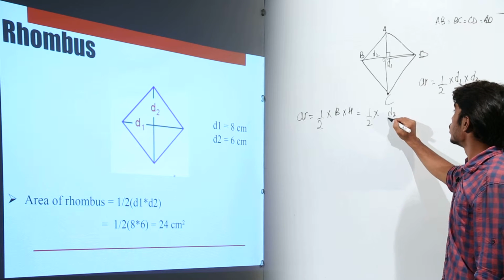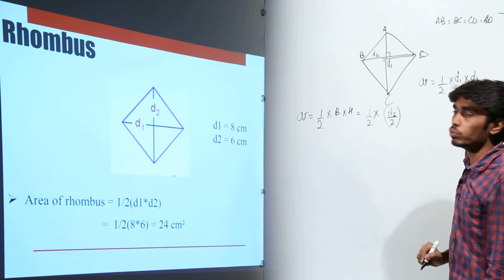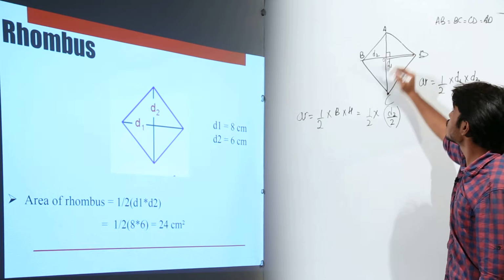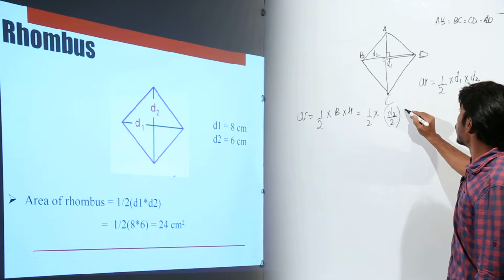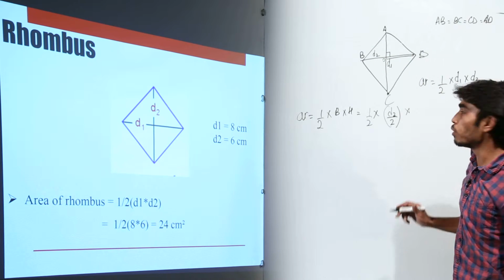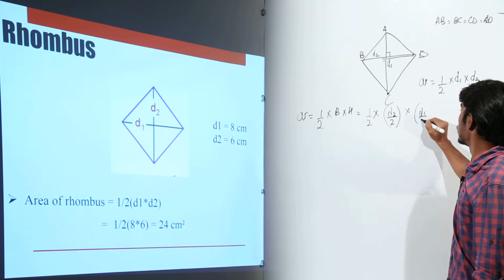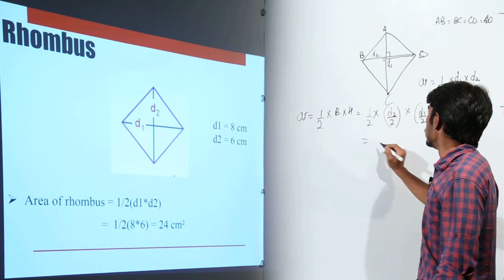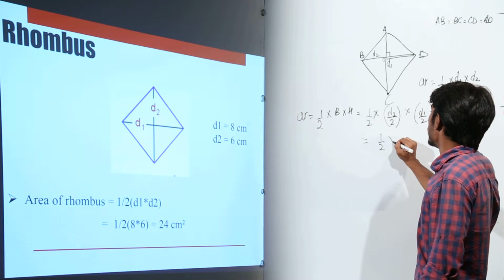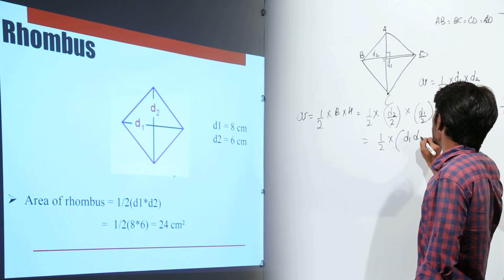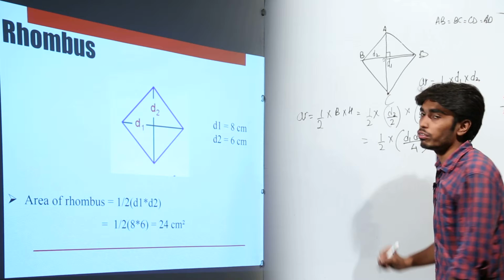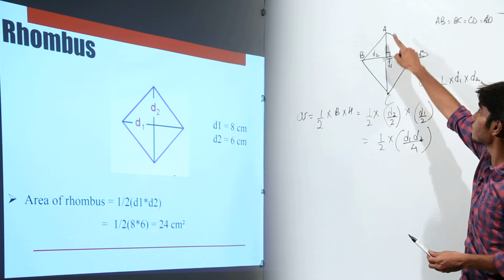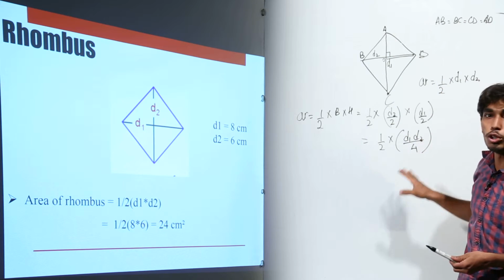So it will be D2 by 2, and the height is AO. AO is nothing but half of the diagonal D1, D1 by 2. So this becomes half into D1 D2 by 4. So the area of this triangle AOD is half into D1 D2 by 4.